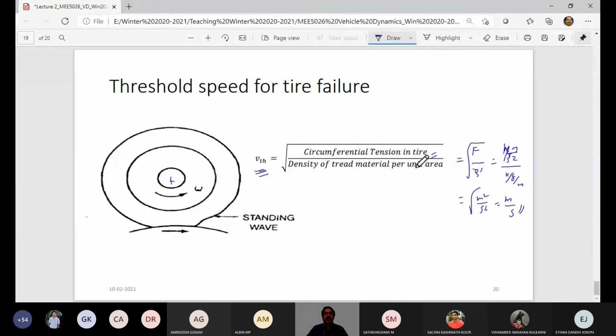Whenever you have such a permanent deformation or standing wave appearing at high speeds, this is the point where you have more dissipation. So there will be more energy dissipation, which would also cause your rolling resistance force to increase. As speed increases, your rolling resistance also increases.